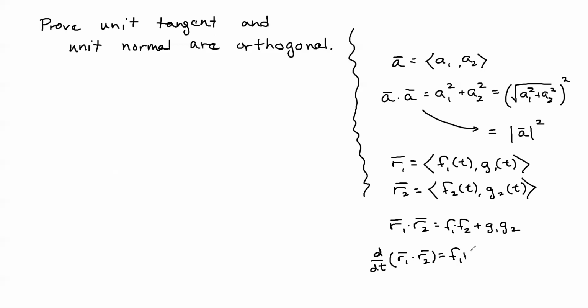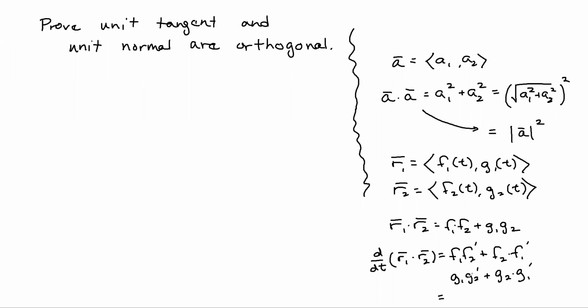We get the first times the derivative of the second plus the second times the derivative of the first. And then do the same thing for g: the first times the derivative of the second plus the second times the derivative of the first.